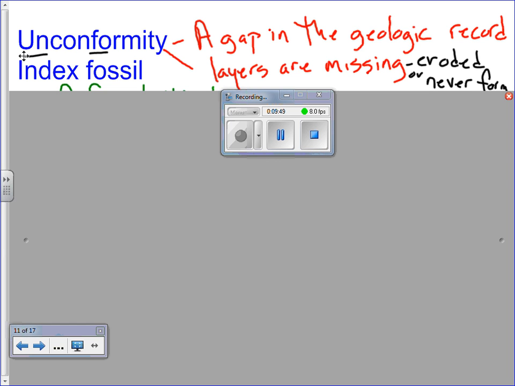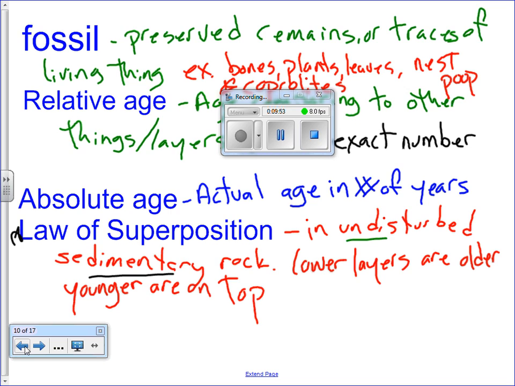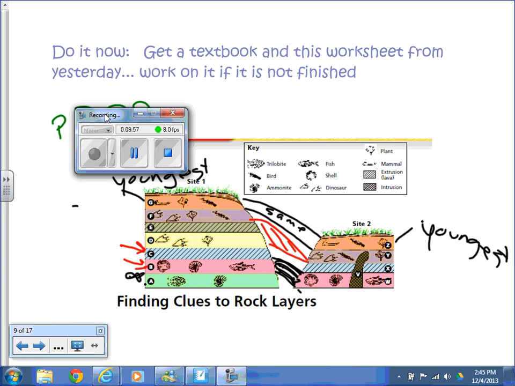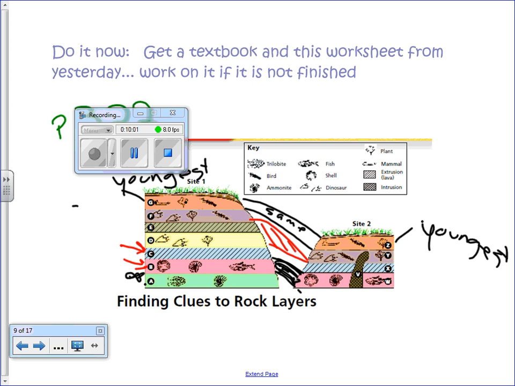So when we look back at this picture, which layers are missing? If we look at this and just match up, and again, it's so nice because they're color coded. So there's pink, and then in the textbook, this one's actually kind of more purple. Then layer E and layer D, and I talked to most of your table groups about this, seem to be totally missing from that site.